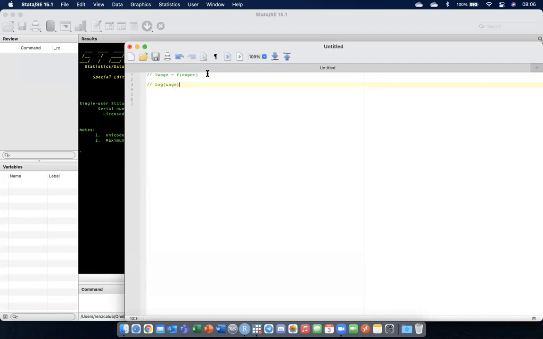This is log of wage, and let's say that we have some parameters, beta naught plus beta 1 times experience plus some random error epsilon. Now, this is going to be your econometric model.